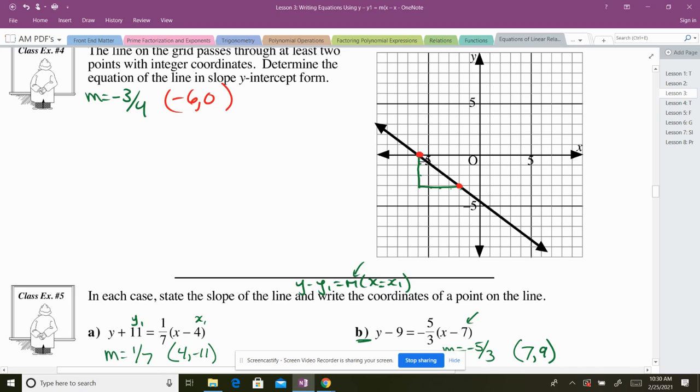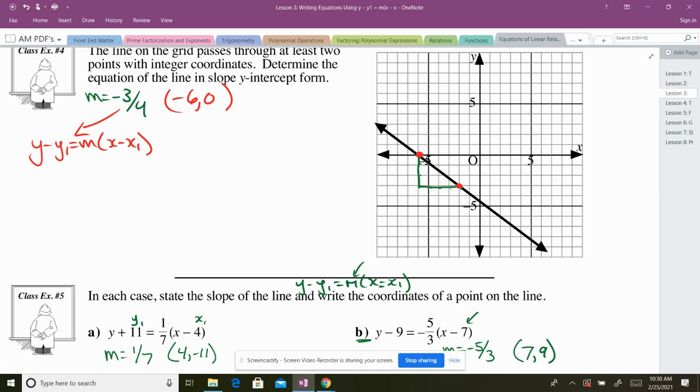So now we have a point and we have a slope. It's yelling at us to use the point slope form, right? So you can do it two ways. We can go, okay, I have a point and a slope. So I can just plug everything into this formula.